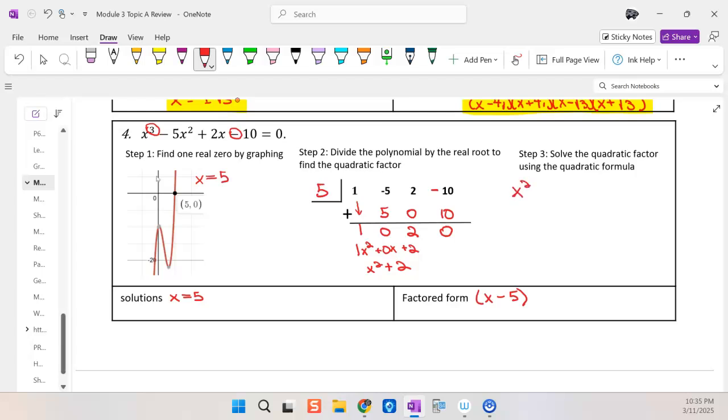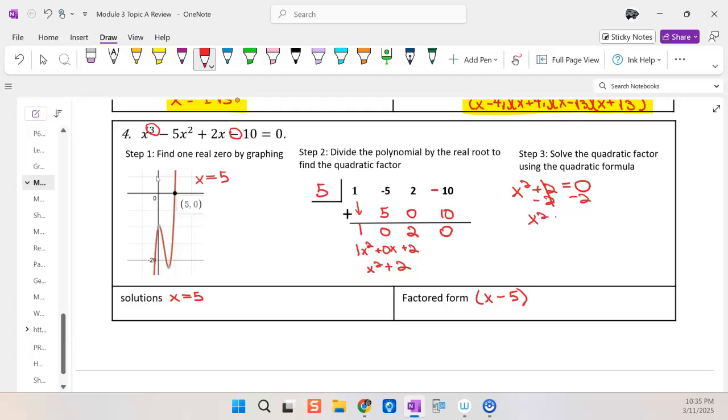There's lots of ways you can solve it, depending on what kind of quadratic it is. So this one, I really don't need the quadratic formula. I could do it, but there's simpler ways of doing this. I could factor it like I did problem number 1, or I could just solve it by subtracting 2 from both sides.